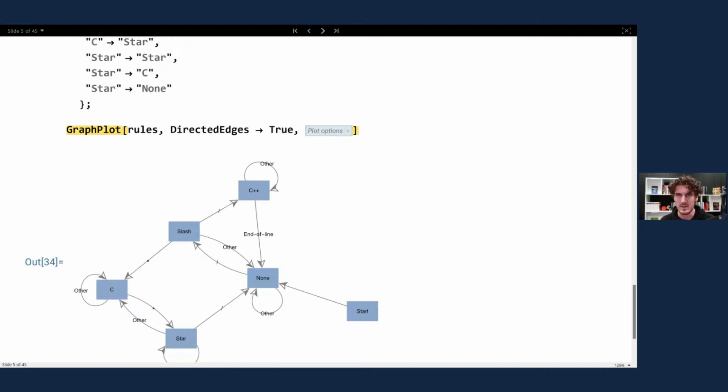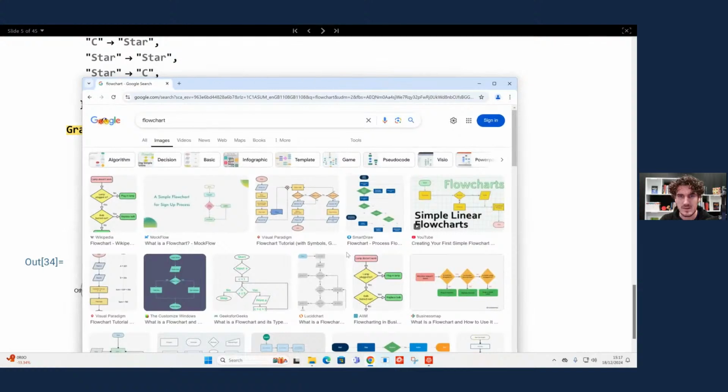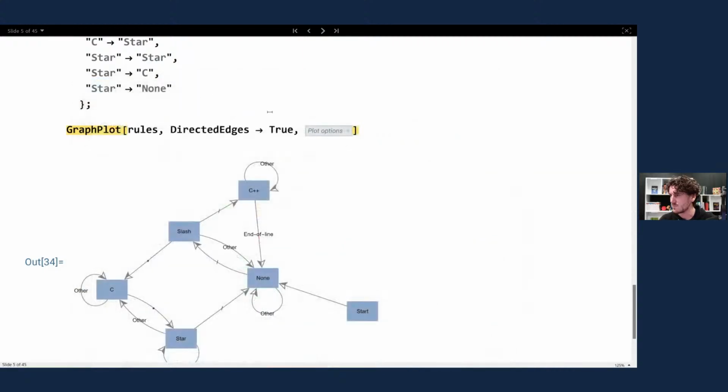All it takes is really custom vertex styling, and then you can start to use the conventional shapes for different elements of flowcharts. I think inputs have a certain shape, and questions like if statements, that kind of thing. So you'd have to do a bit of that yourself. I don't think we necessarily have any built-in flowchart making tools, but yes, you can.